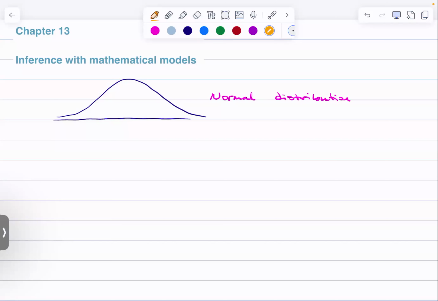And we said, okay, if I have an observation this far out on our curve, this curve is going to be centered on the population proportion, for example. And if I have a sample proportion that's way out here, then what can we do? We can count the number of proportions that are more extreme than our proportion.